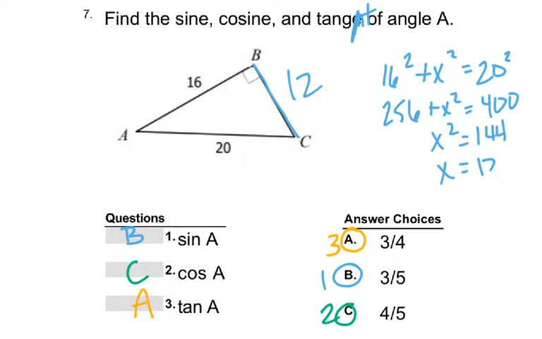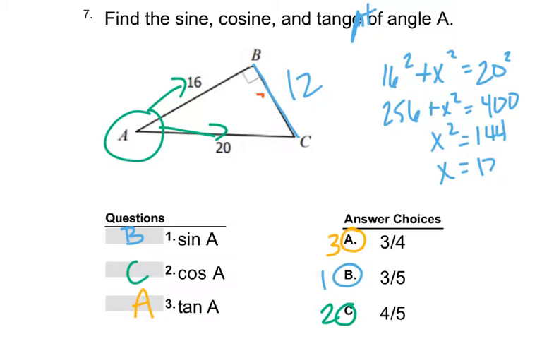Okay, so when I want to find the sine of A, it's right here. Remember, sine is opposite over hypotenuse. That's how I got 12 over 20, which reduces to 3 over 5. If I wanted to do the cosine of A, cosine is adjacent divided by hypotenuse, 16 over 20, which reduces to 4 over 5.